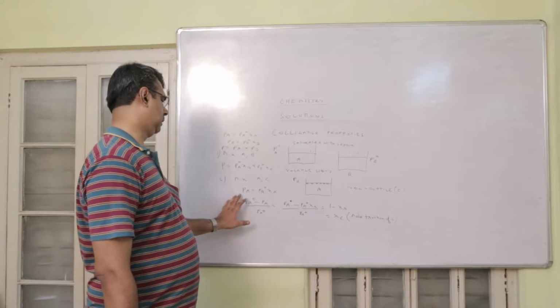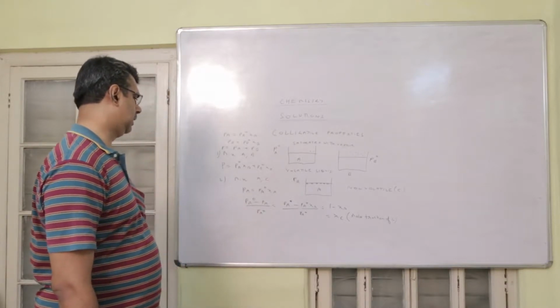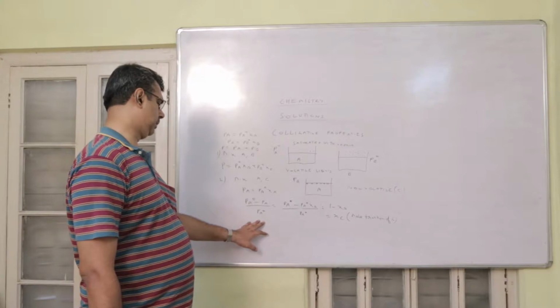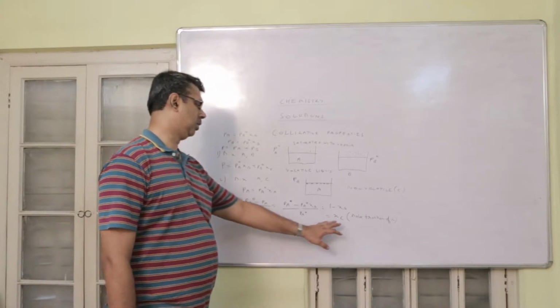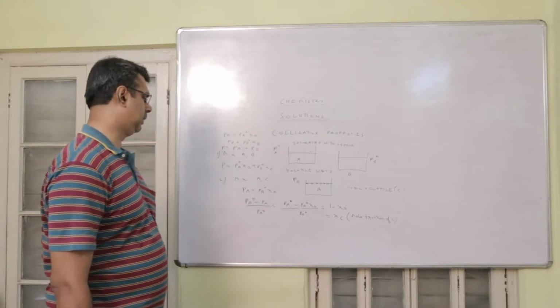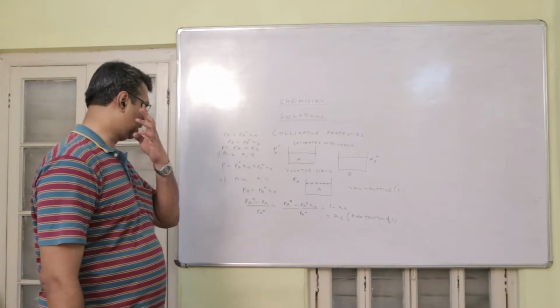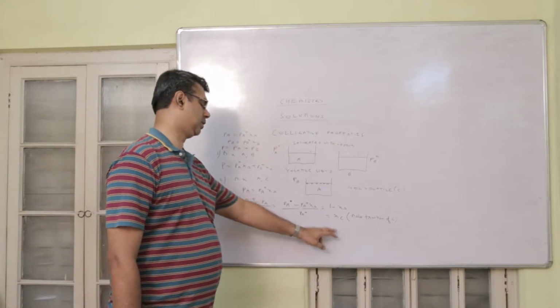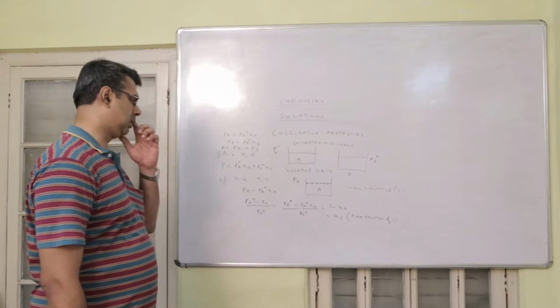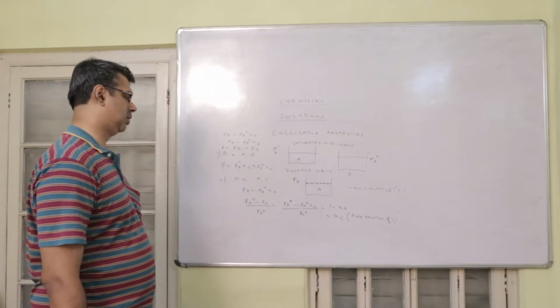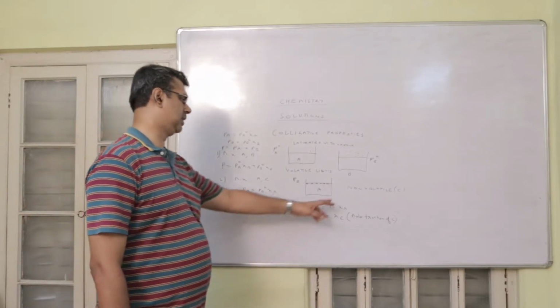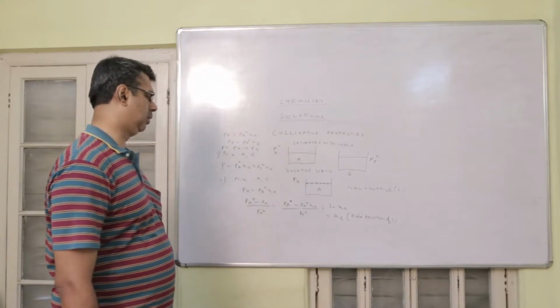Now Raoult's second law tells us that the relative lowering of vapor pressure is equal to the mole fraction of solute. That means the relative lowering of vapor pressure depends only on the mole fraction of solute and not its nature. So the nature of the solute C is not playing any role.